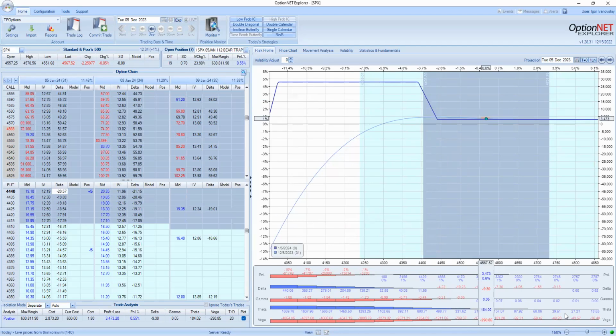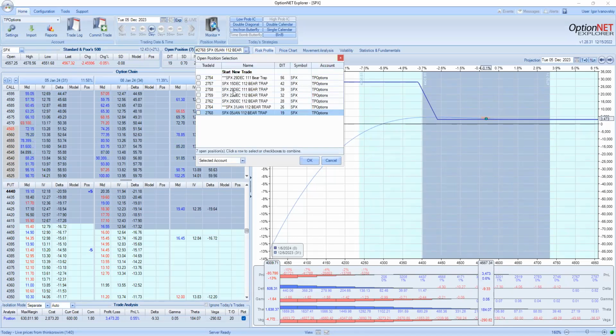All right, so let's take, I don't know what trades you guys are in. I did see Mark said that he's at a loss with the XSP, with the scaling, 111. And that's probably because whatever scaling you did, if you paid a debit, then you obviously introduced upside risk.